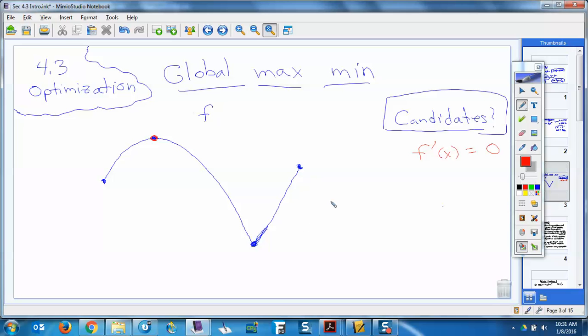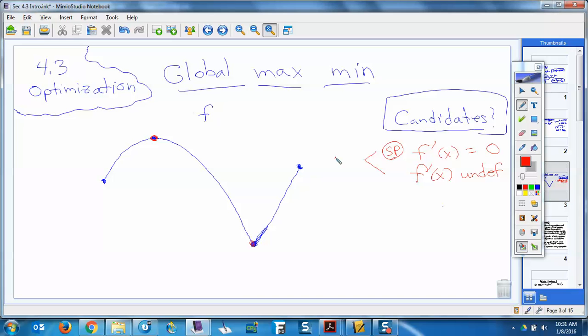Now, in this particular problem, where's the minimum? The global or absolute minimum. It's down here, where the derivative is undefined. That's still a local minimum, but that's where the derivative is undefined. Now remember, derivative 0 is called a stationary point, and these two together are called what?